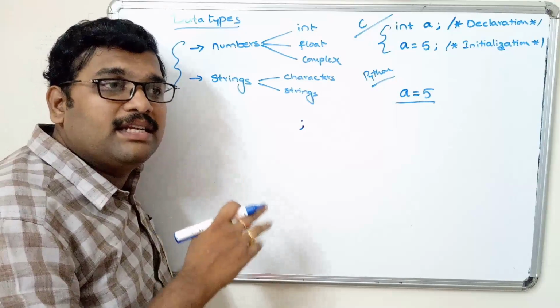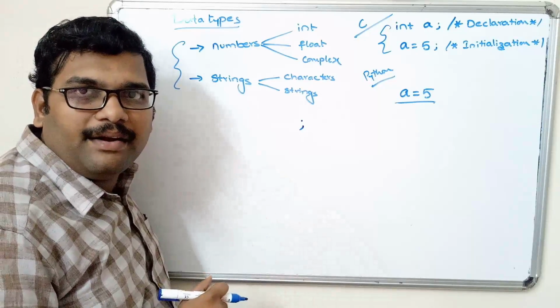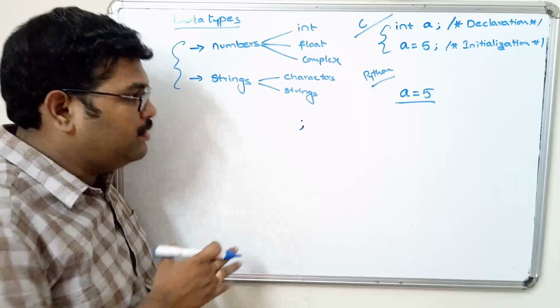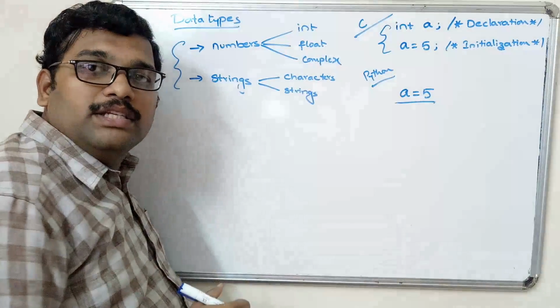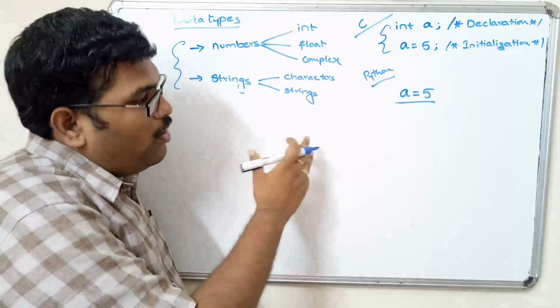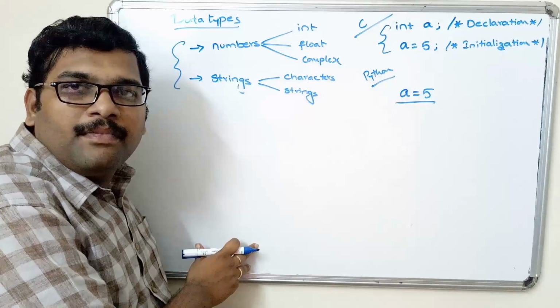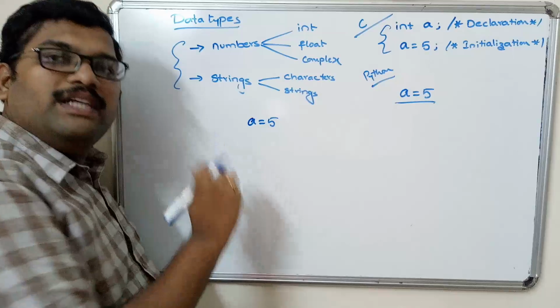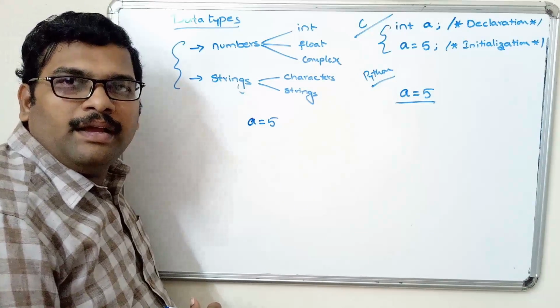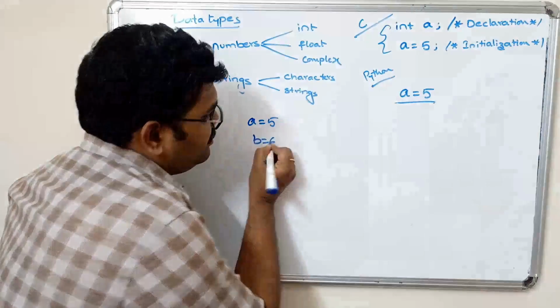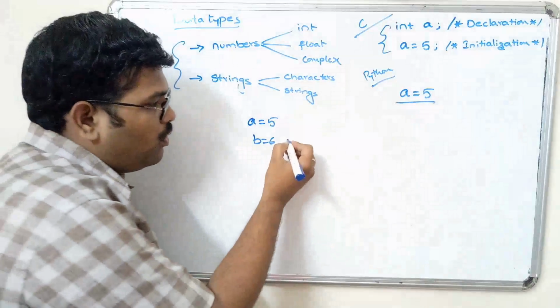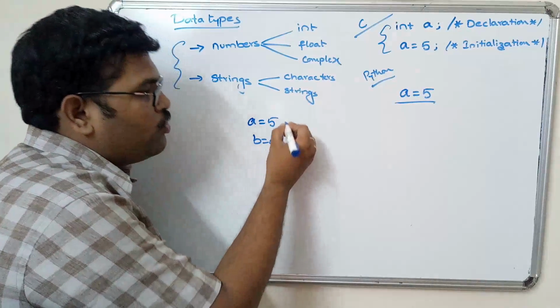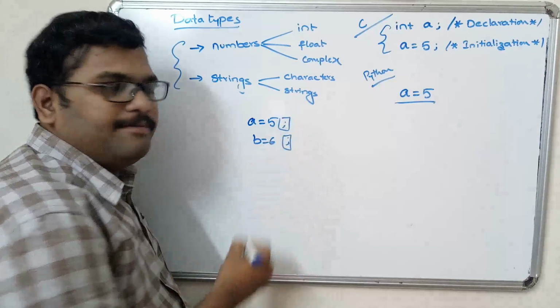Semicolon indicates the termination of that particular line. But in Python, there is no semicolon. Simply a is equal to 5 always terminates the line. b is equal to 6 also terminates the line. So this semicolon is not required in every line.